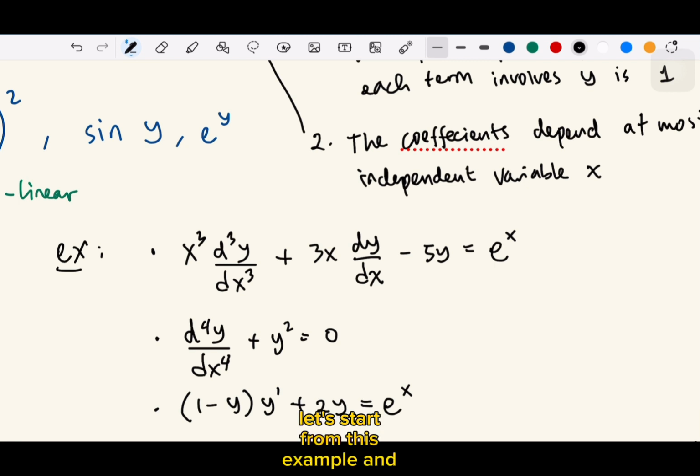Let's start from this example. So I have 1, 2, 3. I ask which one is a linear ODE, which one?